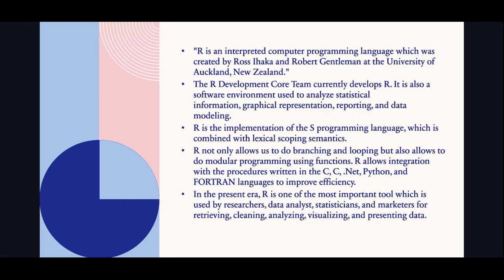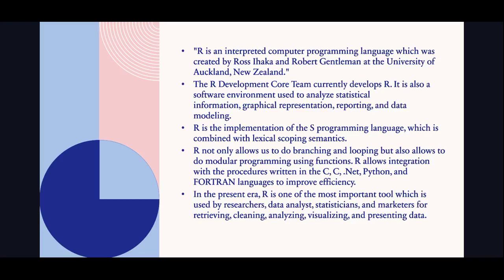In the present era, R is one of the most important tools used by researchers, data analysts, statisticians and marketers for retrieving, cleaning, analyzing, visualizing and presenting data. The steps mentioned at the last are the important steps in the data science cycle process.